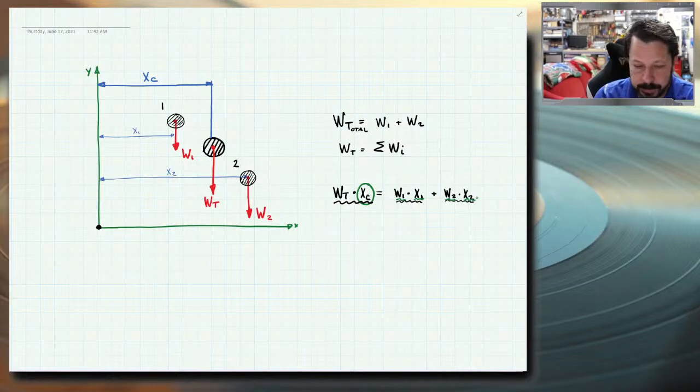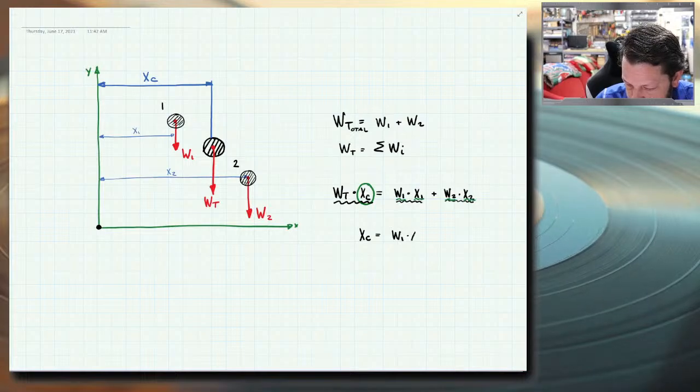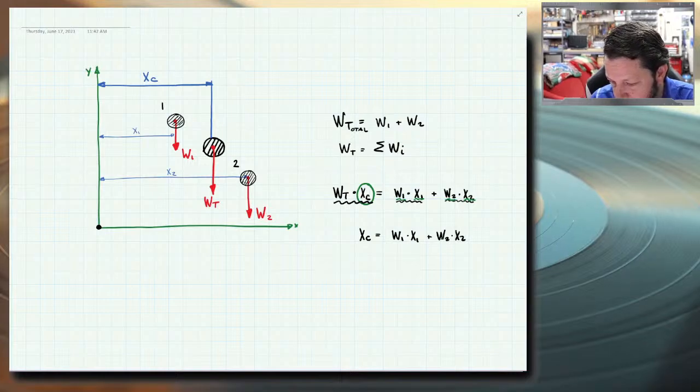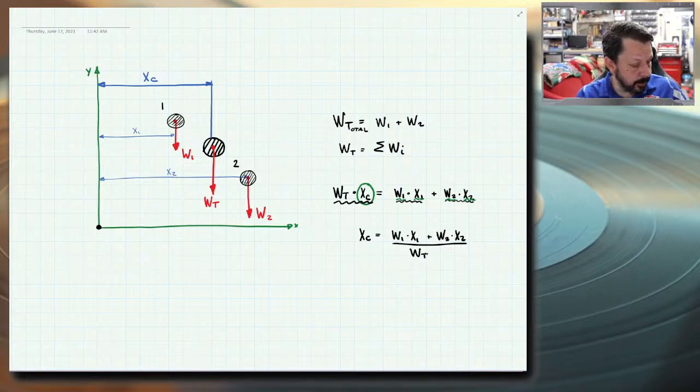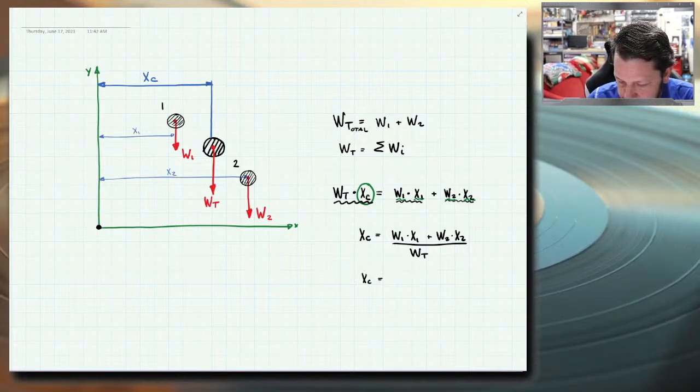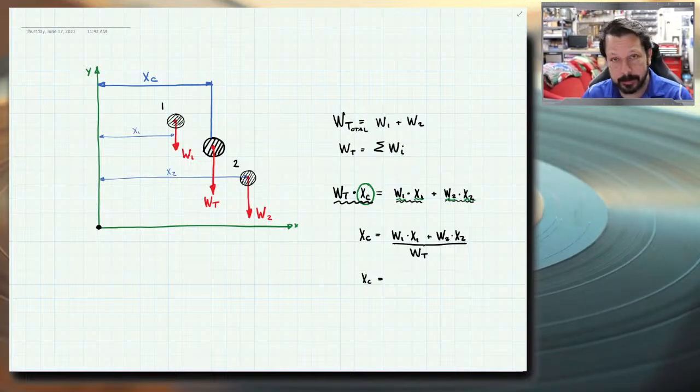And so I can solve this equation for xc equals W1 times x1 plus W2 times x2, and I'd need to divide by the total weight. And I have an equation that I could generalize a little bit. In my example, I only drew 2 little spheres, but there could be many of them.